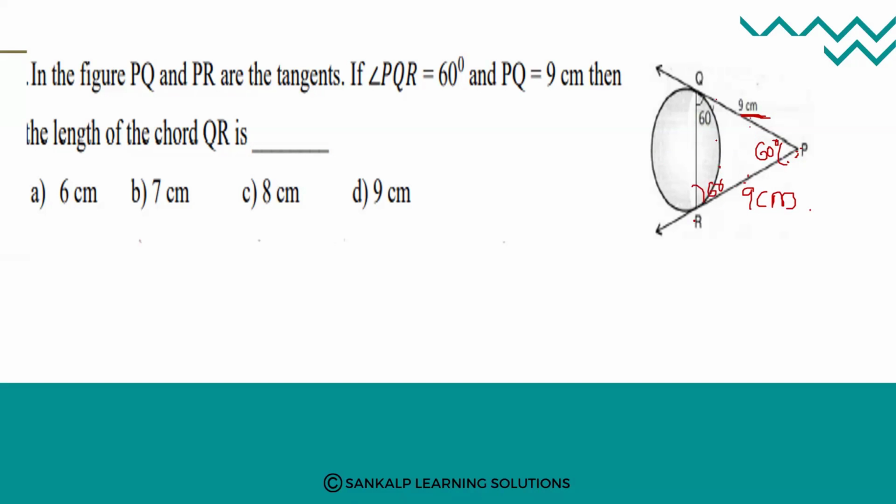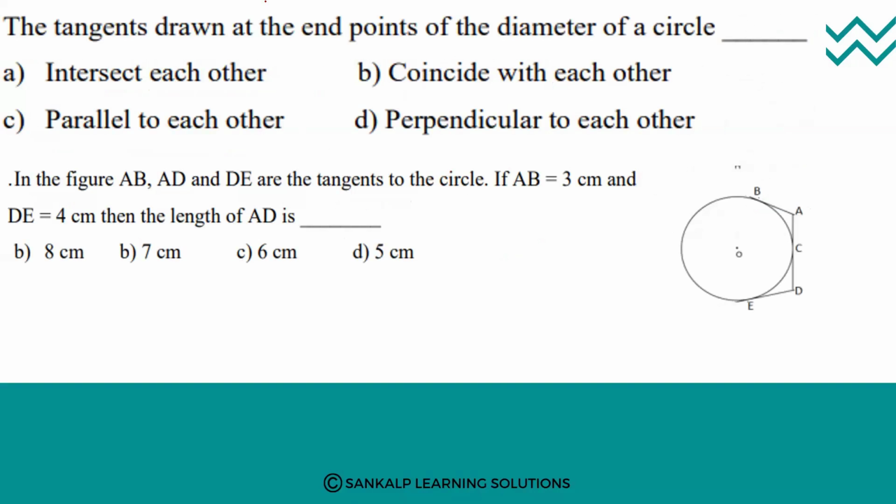So if all angles are 60 degree, then it is an equilateral triangle. In an equilateral triangle, all angles are equal and all sides are equal. If PQ and PR are 9 centimeter, then QR is also 9 centimeter. Okay, QR is 9 centimeter.